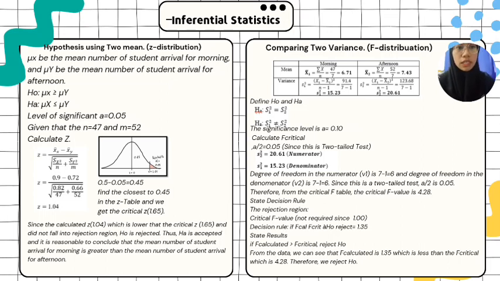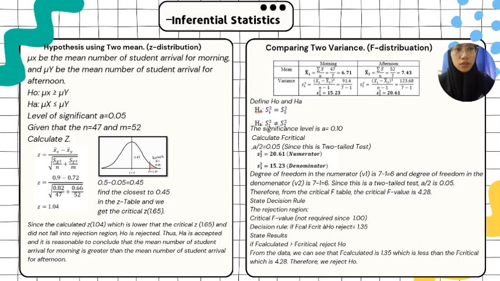We will calculate Z using the Z formula, and since our level of significance is 0.05, we will use 0.5 minus 0.05 in the distribution. So we get 0.45.